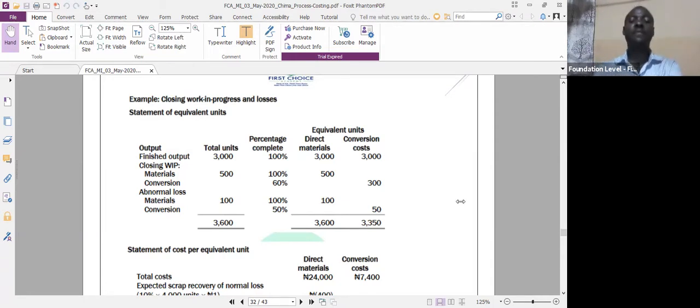And that is the 50% complete when we came to check whether there are losses. And we now discover that there are 50% conversion costs. 50% will affect conversion. So it means that out of the 100 abnormal loss units, we have 50 equivalent units for conversion.